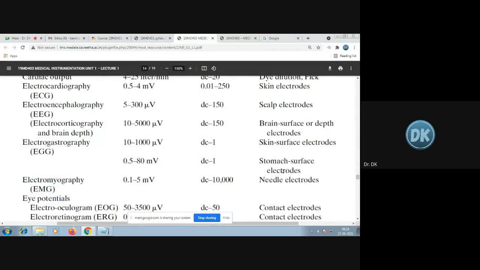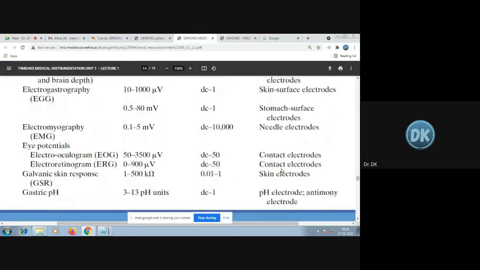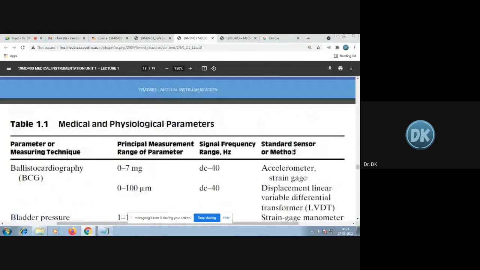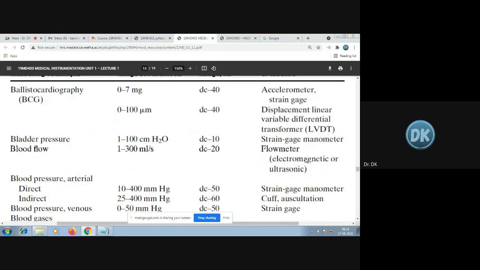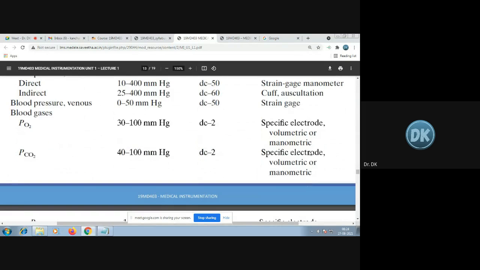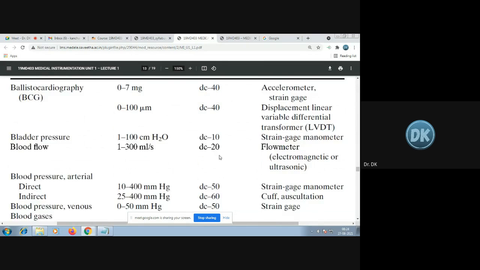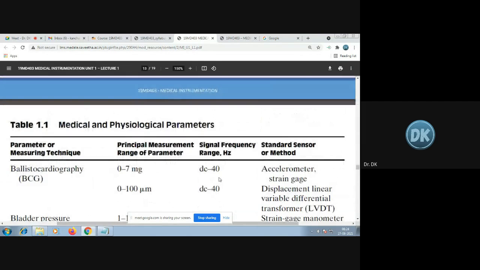So what are the different constraints here? The issue with measuring the physiological parameter is that you have to find the right sensor to measure the signal. If you look at the last column here, each method has a different sensor or a different transducer. Whatever signal you are going to measure, it has a different range and different signal frequency.